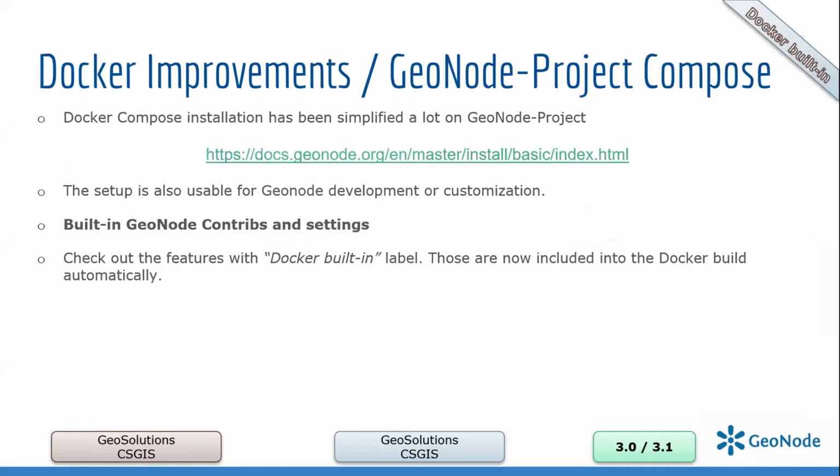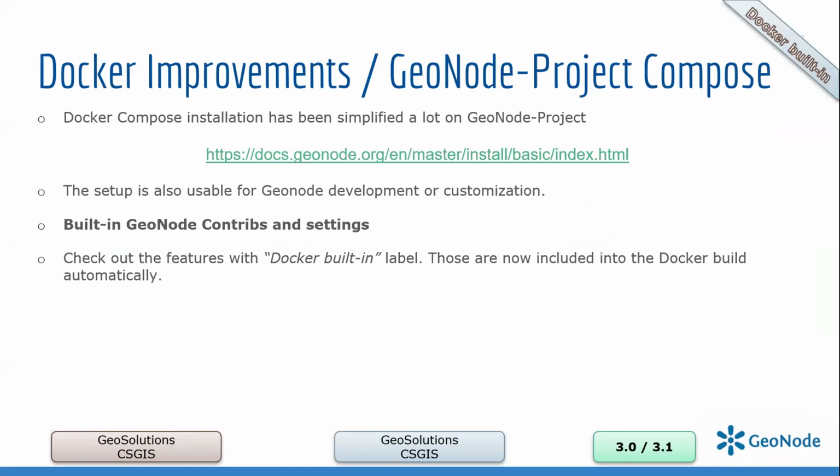There have been a lot of improvements on the Docker installation, which is currently the suggested way to install GeoNode. This is because GeoNode is a complex system. It consists of several services, which are usually not that easy to install manually and configure by themselves.